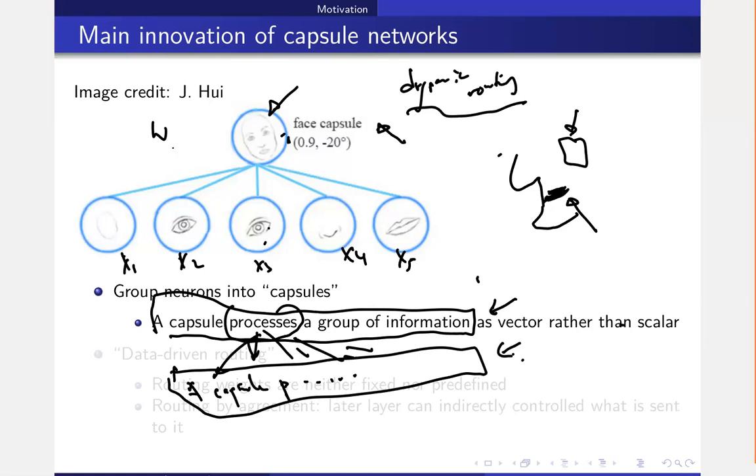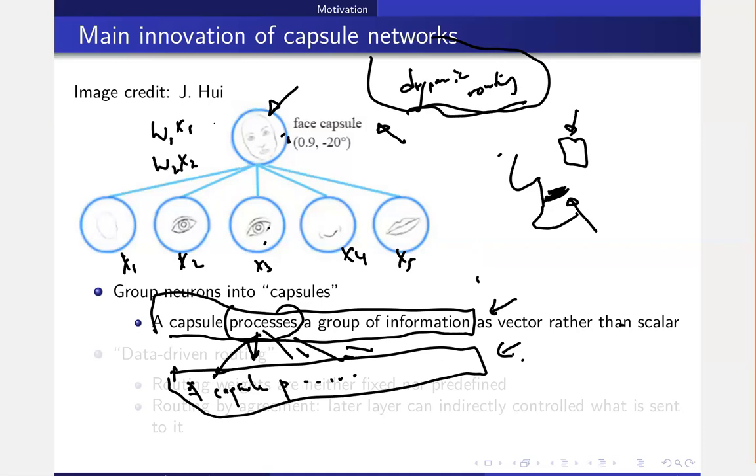Note that this W is different from the weights that we have earlier, because this W is for the translation, but the actual weights you see for the dynamic routing will depend on the matching, right? So let's say this is W1 here. I have X1 W1, and for the second one I have W2 X2 and so on.